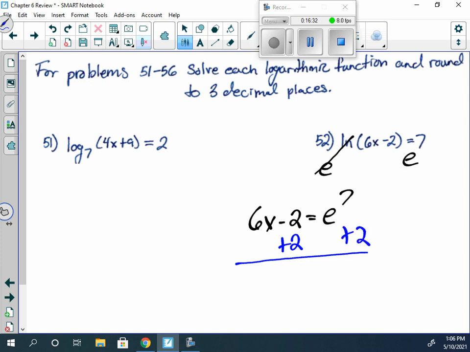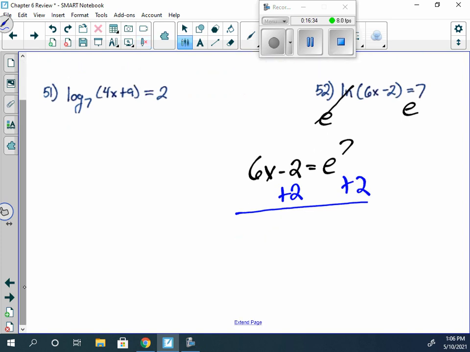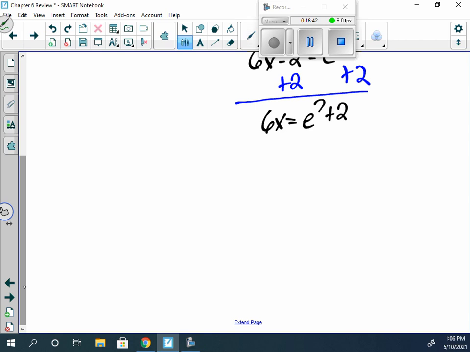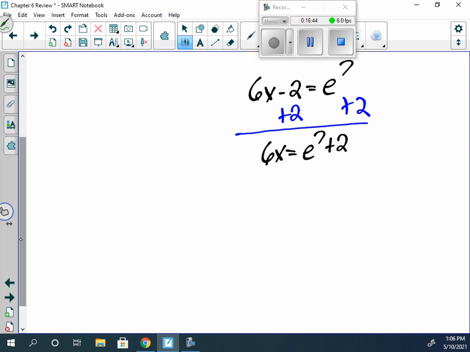Add 2 to both sides. 6x is equal to e to the 7th plus 2. And then what can we do? Divide by 6. x is equal to e to the 7th plus 2, divided by 6.